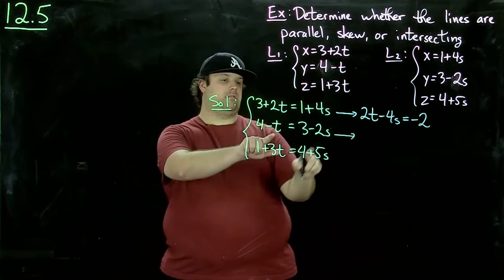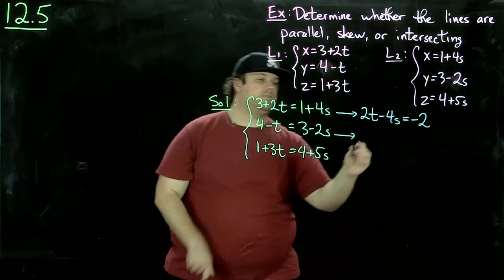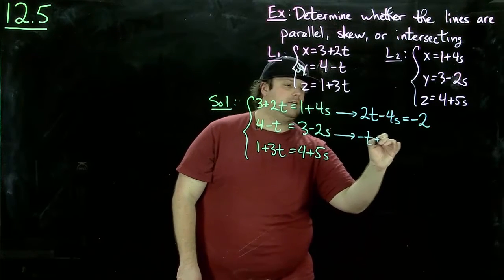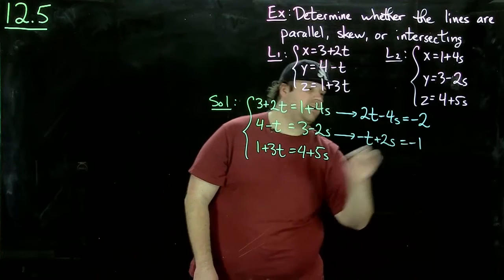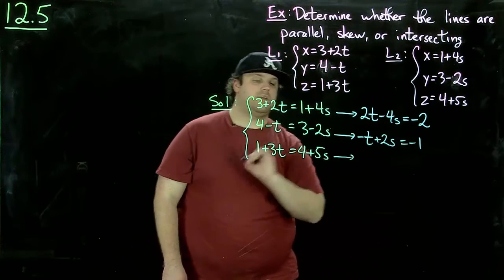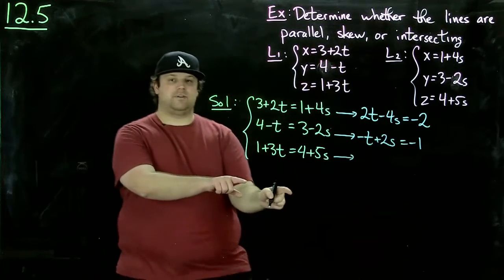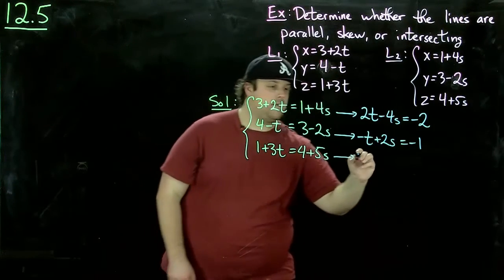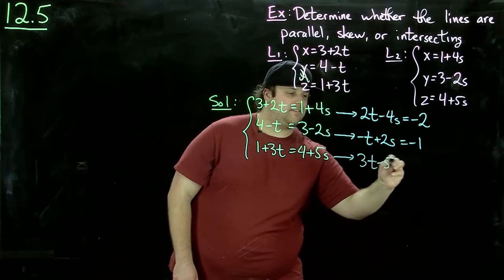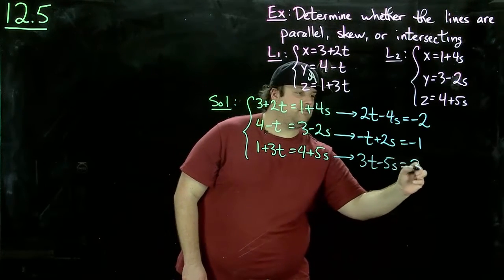This one, we're going to move the negative 2s over. So we'll have negative t plus 2s equals minus 1. And finally, this last equation here, we'll move the 5s over. So 3t minus 5s, and this will be equal to 3.